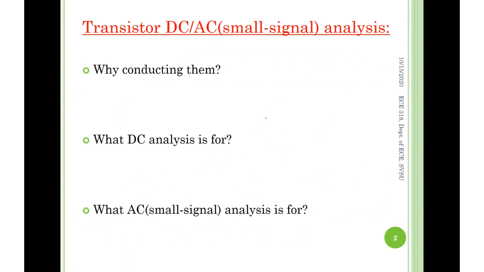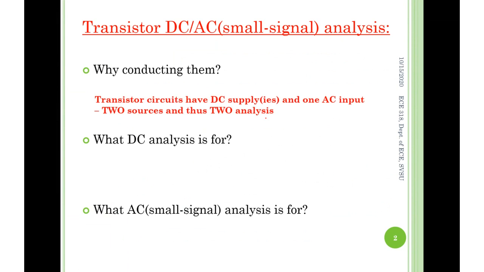The reason is very simple: in a transistor circuit, you're going to have DC supply or supplies. It might be two supplies, exactly the same scenario as in today's lab, where the op-amp requires positive and negative power supplies. But in a transistor circuit, we might just use one DC supply, which might be enough.